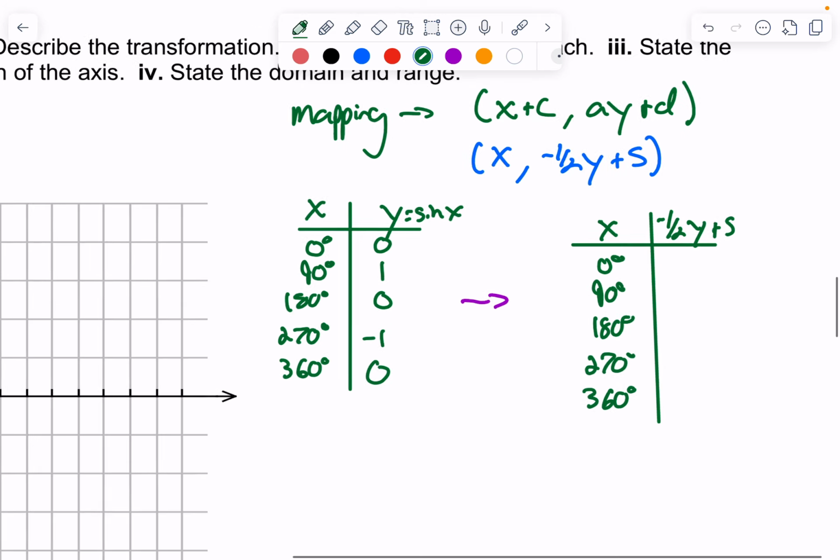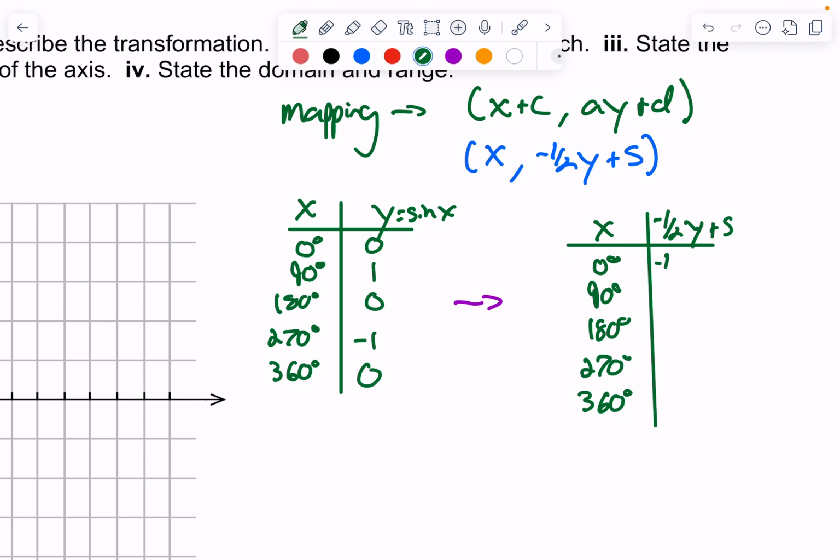So I'll show you the first math here. This is negative 1/2 times 0, and then you add 5 to that. So you do this first. Negative half times 0 is 0. Add 5, and you get 5. So do that for the 90. You'd be going 90 times negative half, and then add 5, and you get 4.5. Do 180.